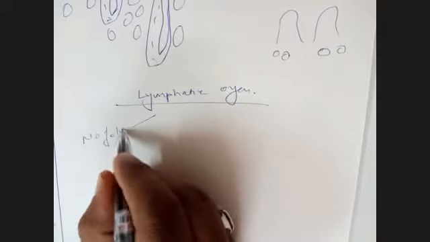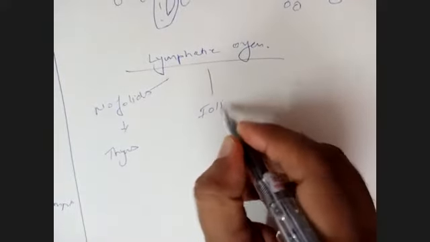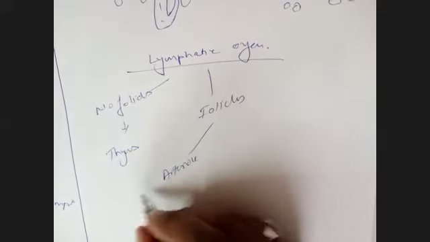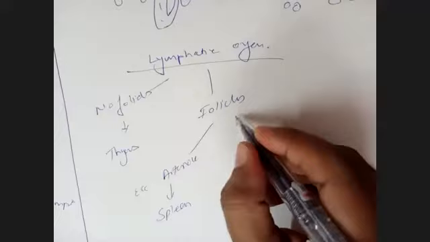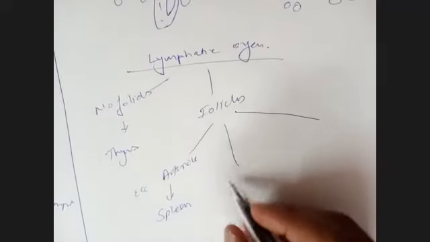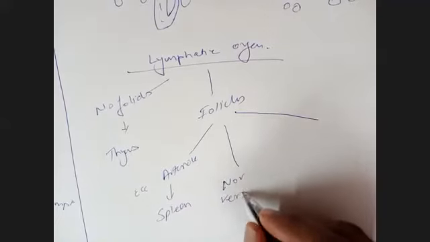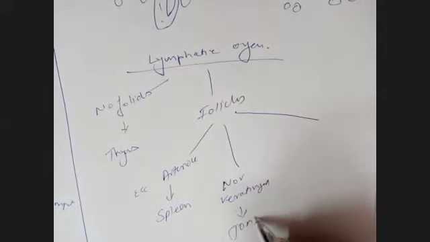If there are no follicles seen in the slide, we say the slide is of the thymus. Now, if there are follicles and there is an arteriole inside, an eccentric arteriole, then that slide is of the spleen. If there are follicles and non-keratinized epithelium and crypts, then it is a tonsil.